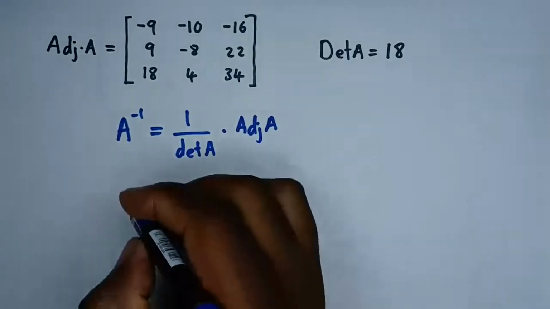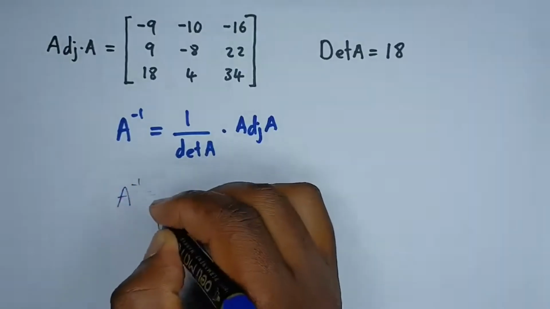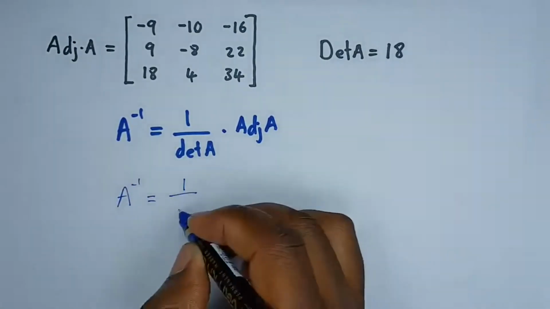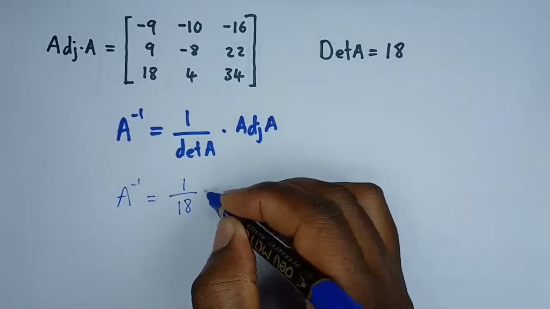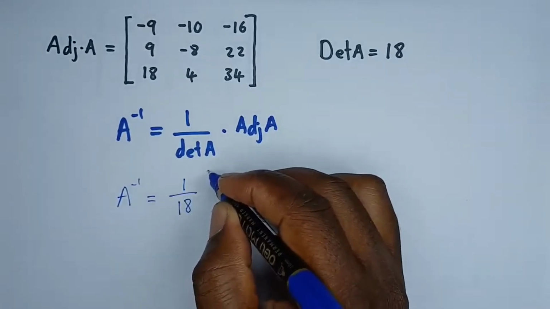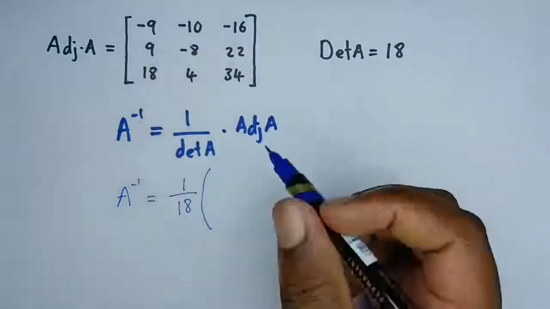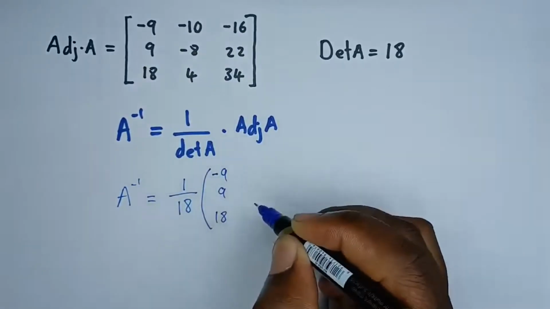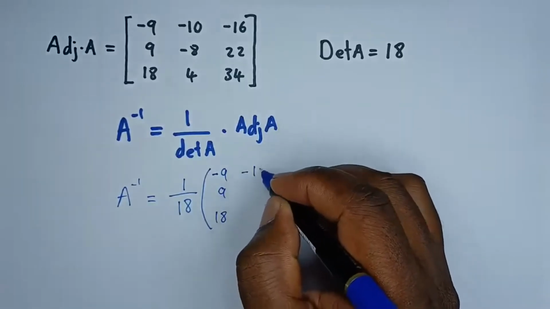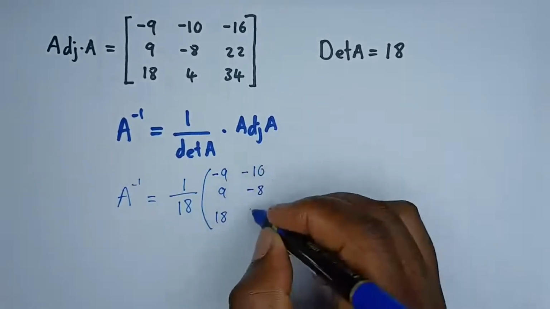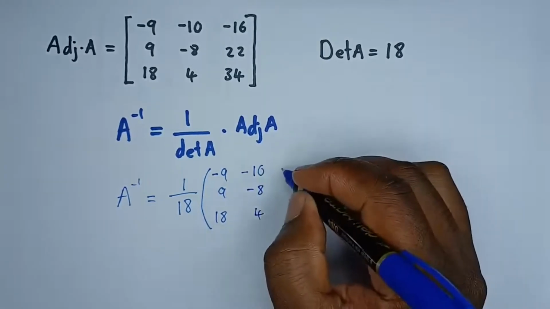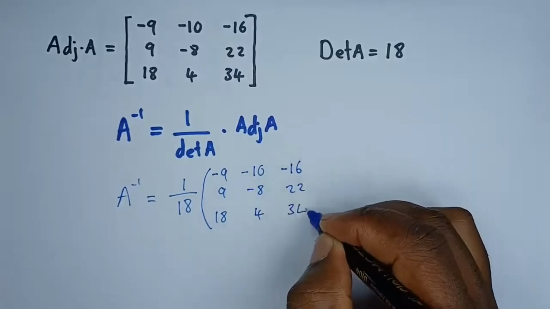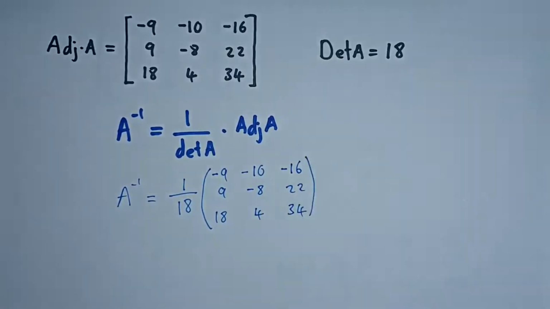Okay, so let's do that. The inverse of A will be equal to 1 over, remember the determinant is 18? Then the adjoint, which is this matrix here, is negative 9, 9, 18, negative 10, negative 8, 4 there, negative 16, 22, and 34.